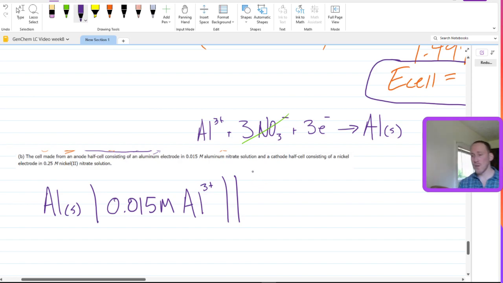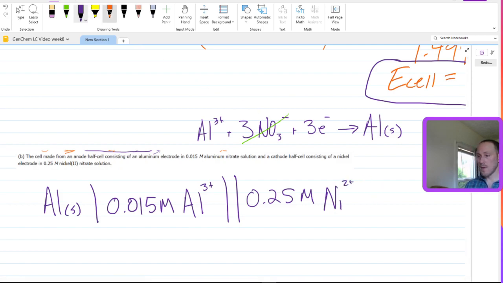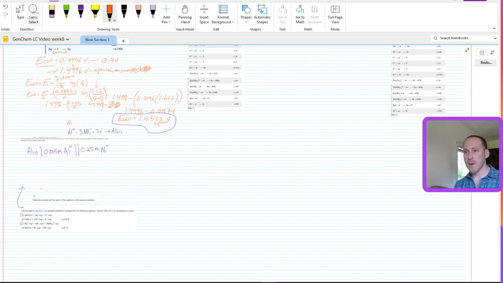Nickel 2 nitrate. Very interesting because we have 0.25 molar nickel 2 nitrate. So that side of it is going to be like nickel. I need more room here. I'm getting crowded with my previous answer, so let's just move all this down.